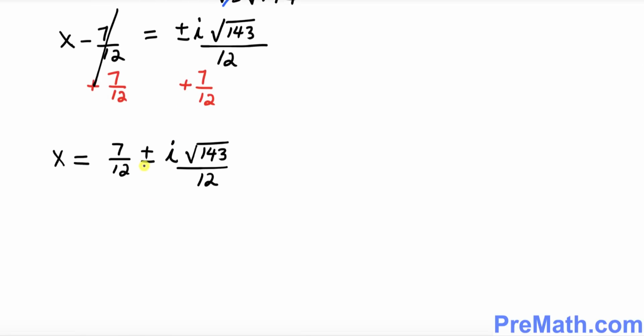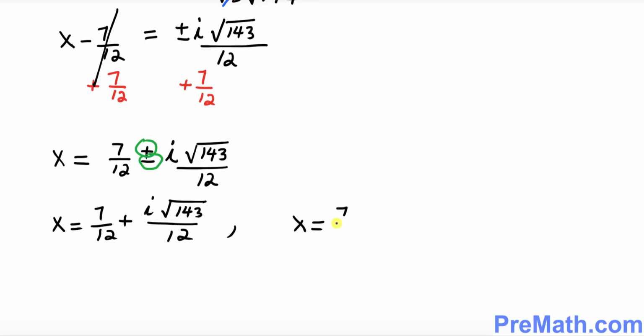Or if you want to, you can split them up along these positive and negative signs as well. So I can put down x equals 7 over 12 plus i square root of 143 divided by 12, and the second solution is x equals 7 over 12 minus i times the square root of 143 divided by 12.